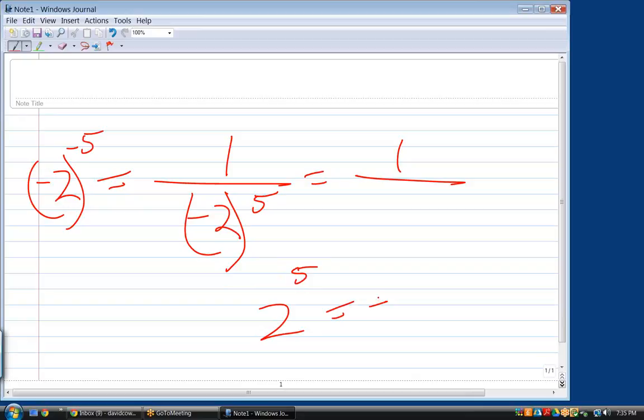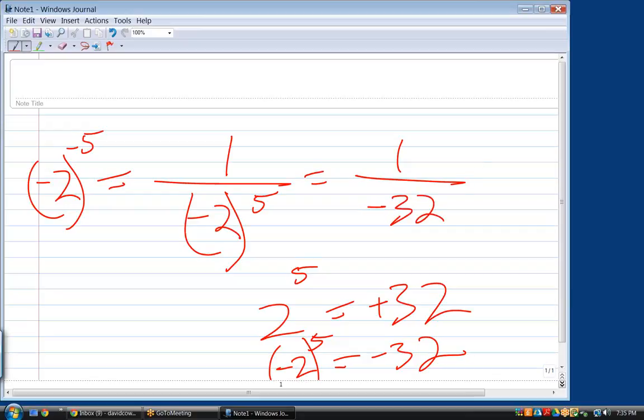What is -2 to the 5th? Would that be -32? Very good. So -2 to the 5th is -32, which means that's our denominator, -32. Which means our answer is -1/32. Gotcha.